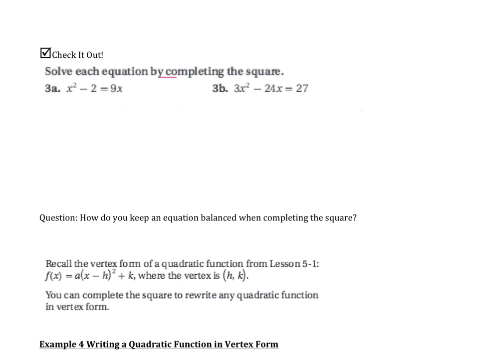Remember, x terms on one side, numbers on the other. Factor if you need to, if there's a number in front of the x squared. Complete the square. Write your perfect square trinomial as a binomial squared.